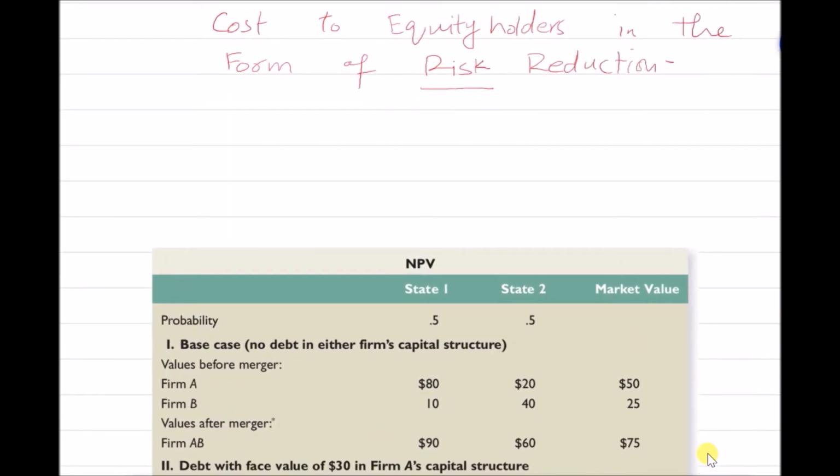Let's start with this base case. So we have two situations, state 1 and state 2. Both of these situations have a 50% probability of happening.